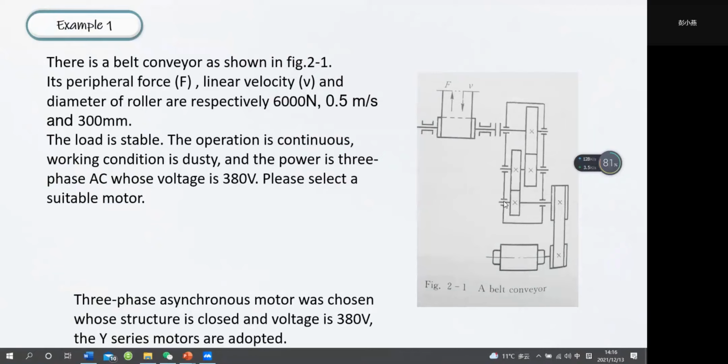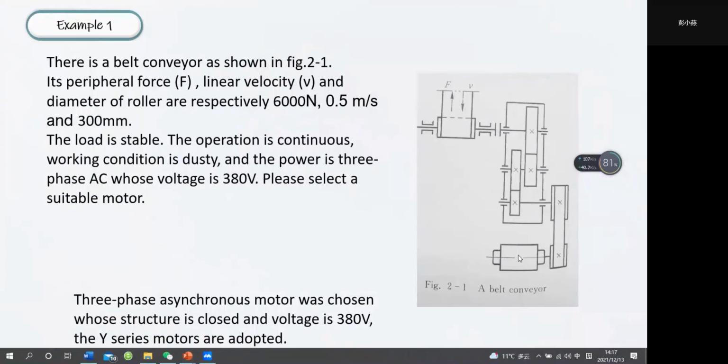The bearing supports the gear. This symbol means the bearing. This is bearing 2, and this is a coupling.